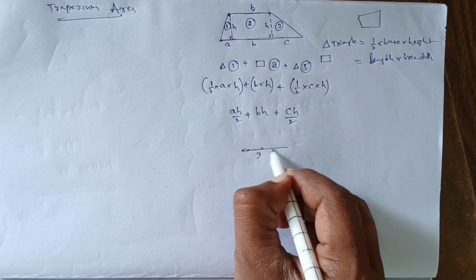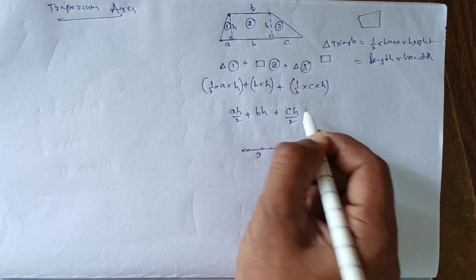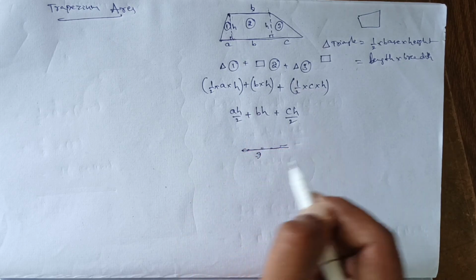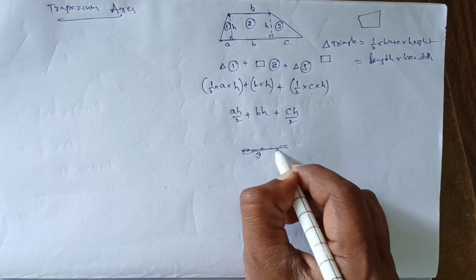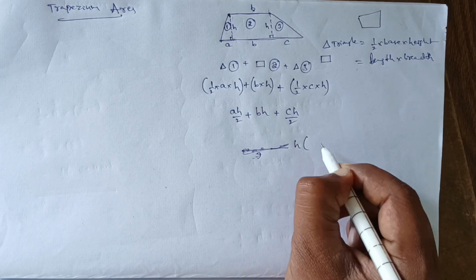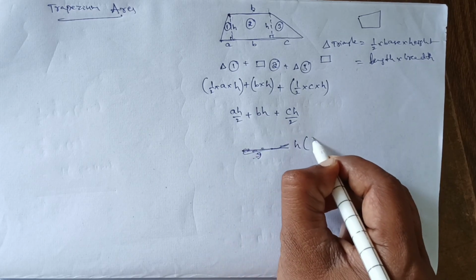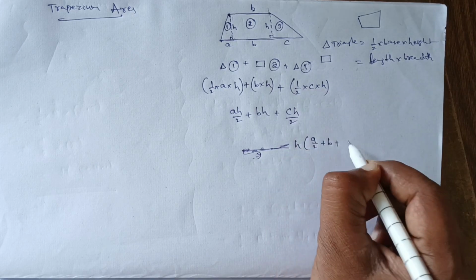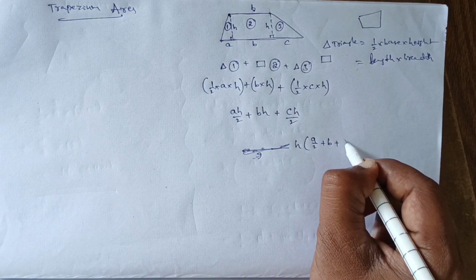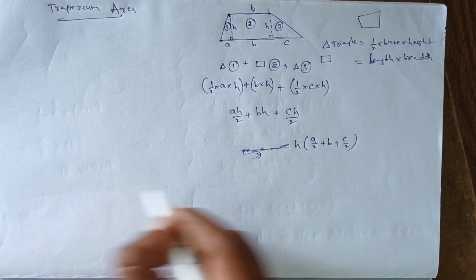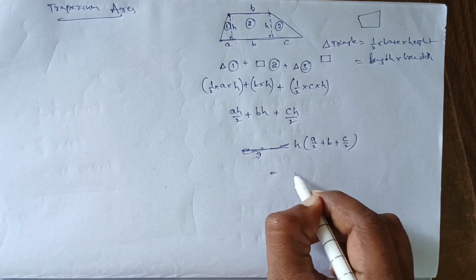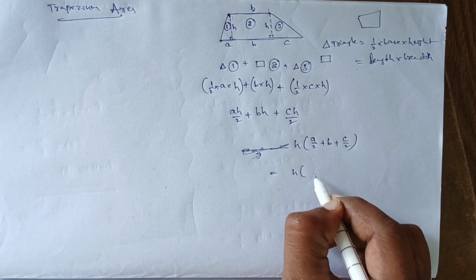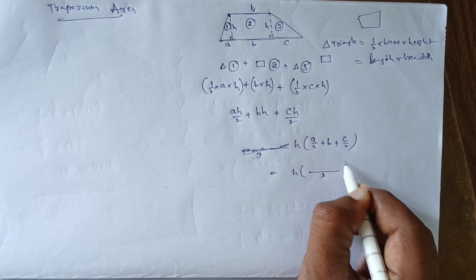Sorry, before the LCM, we can take h as common. See, in these three terms, h is common. So I am taking h common. So what remains here? a by 2, in the second one, b, and in the last one, c by 2. Now take h as it is and do the LCM here.